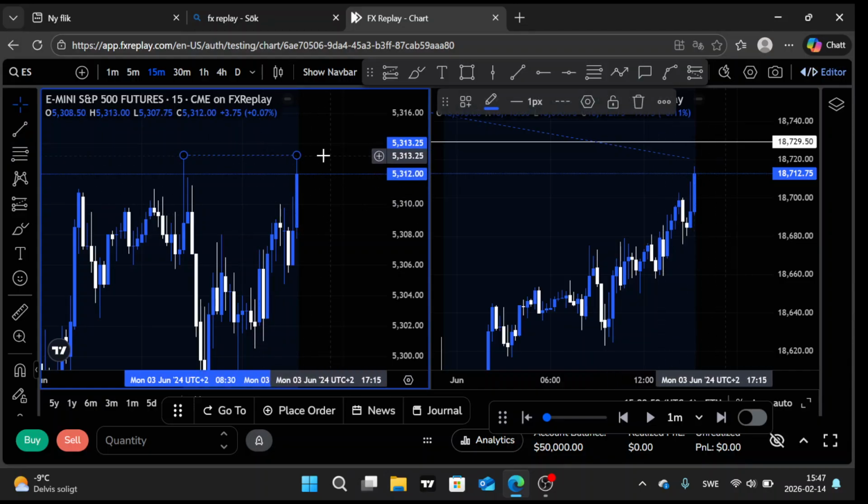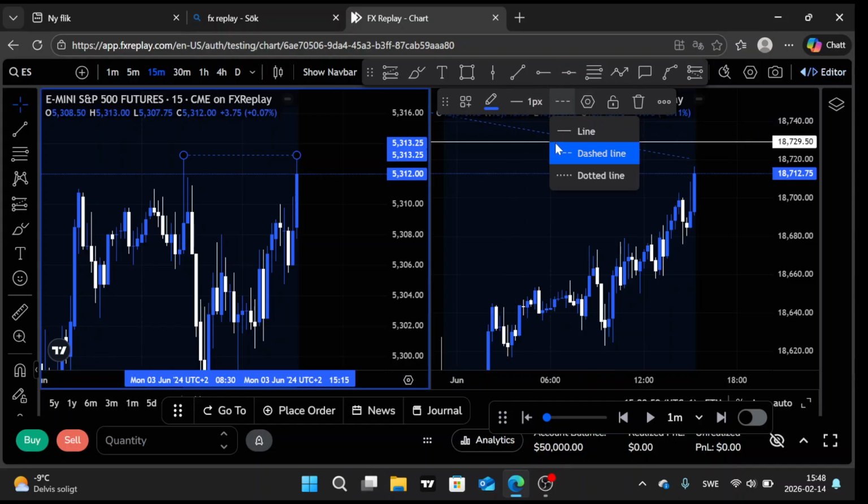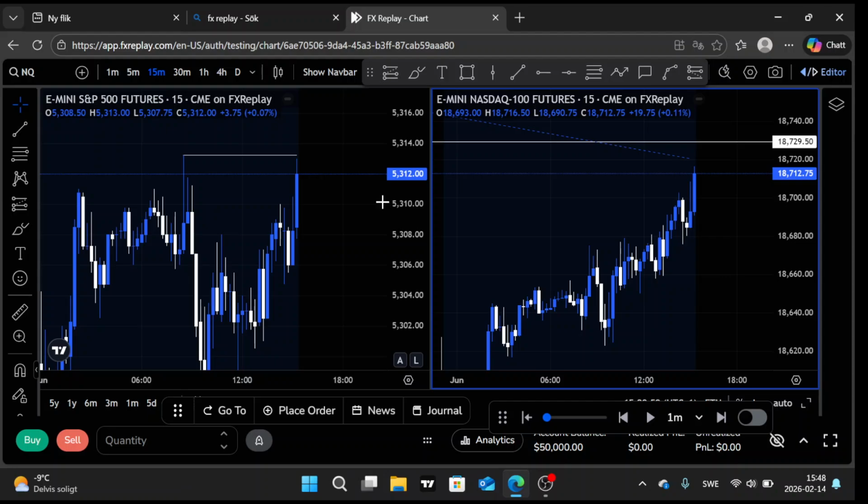Here we go. We do not sweep this, which means we sweep that on NQ here.